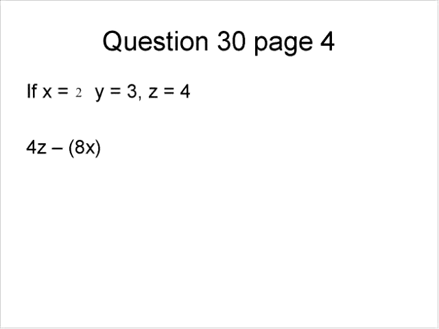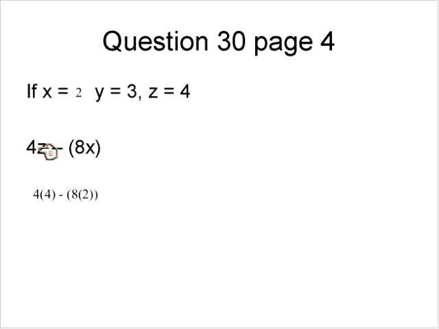What we do is we simply plug in the numbers. This is called substitution. We substitute the values for the variables. Here I've used two sets of parentheses, substituting z equals 4 and x equals 2.